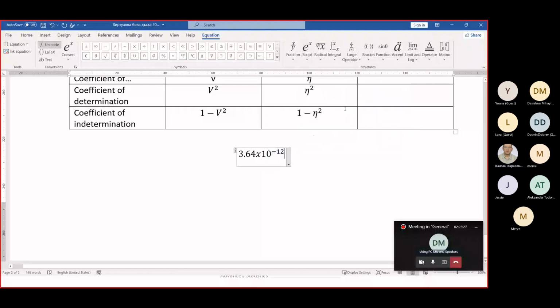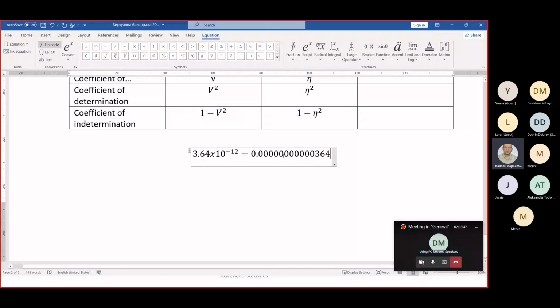And that means that the correct number is 0.0000000000364.